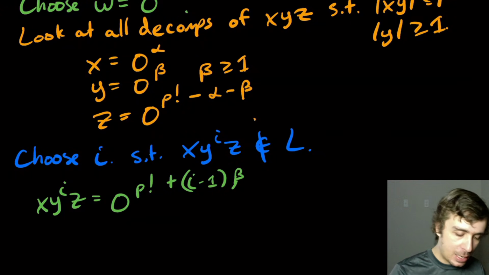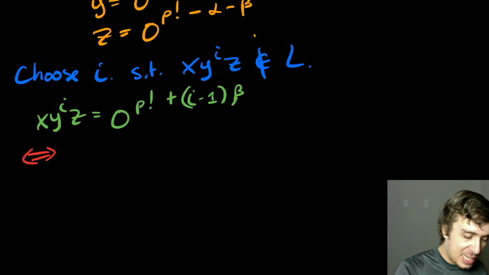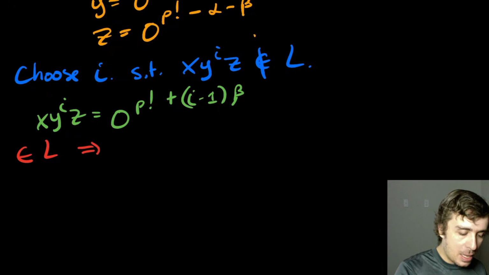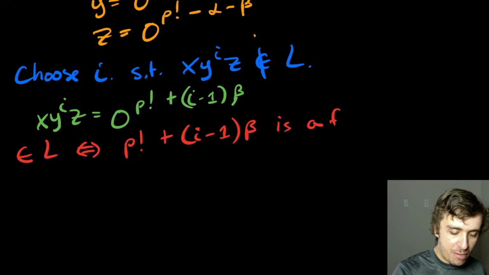So that's what we get here. So this string is in L if and only if p factorial plus (i minus 1) beta is a factorial of some number.